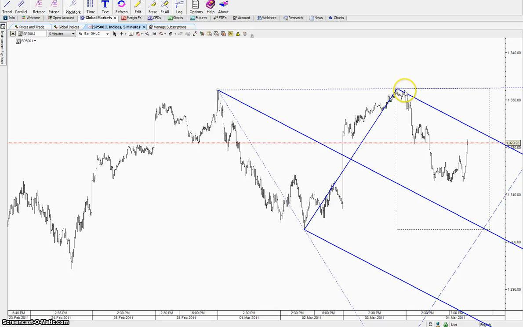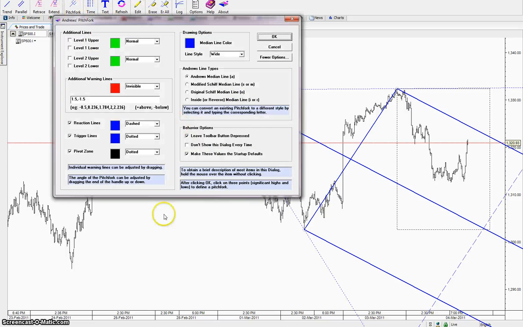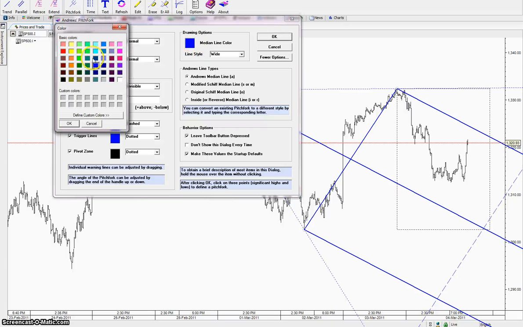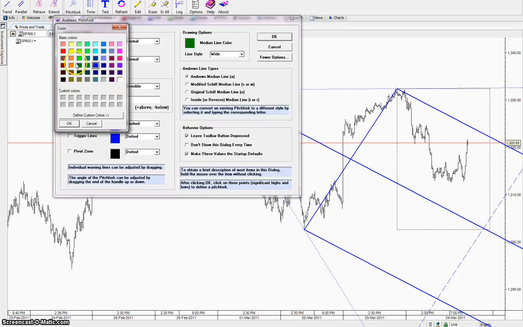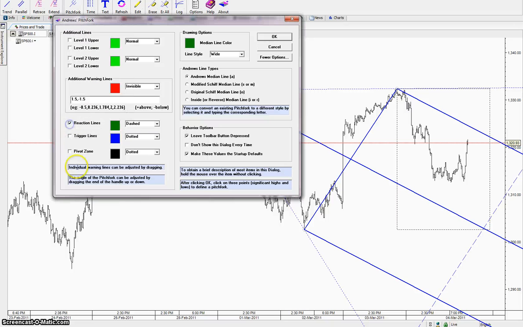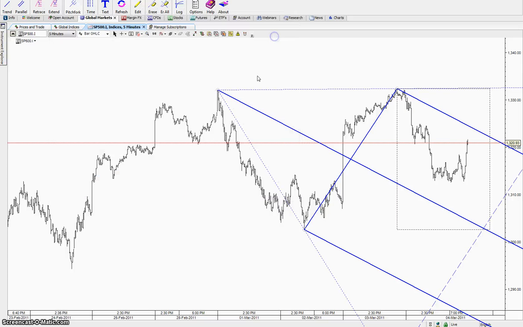That little break up there, it worries me. We'll get the other one in green. I'll turn off all this rubber. Maybe not. Maybe we'll leave that on for the moment. And we'll leave on the pivot zone as well. I'll put that back on here.